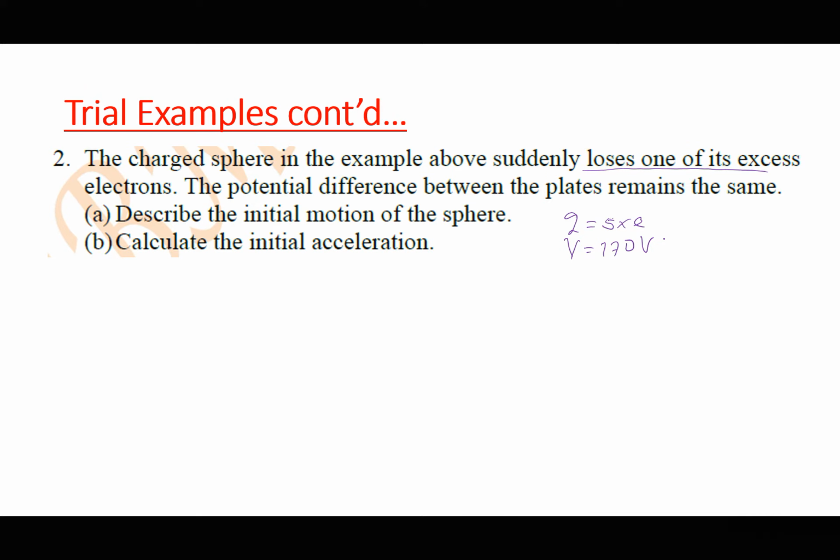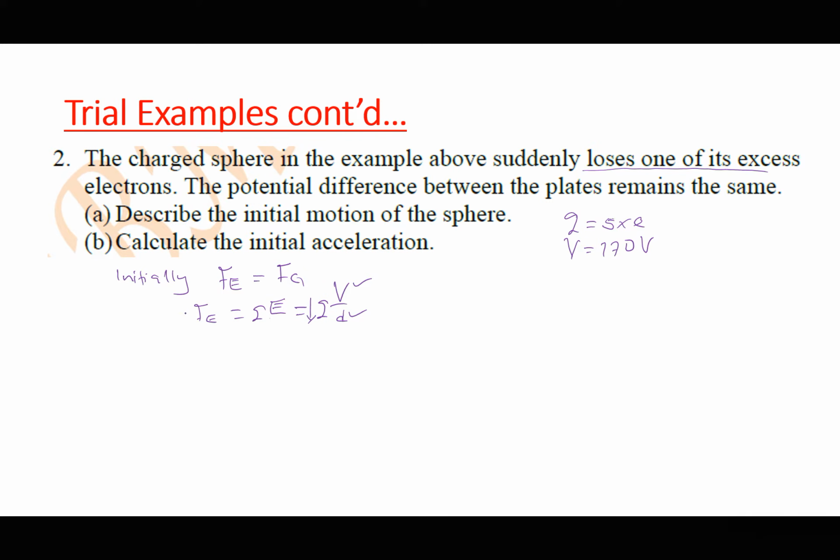I want you to recall that initially we saw that it was remaining at rest. Initially, the force due to the electric field was equal to the force due to the gravitational field, or the weight. But now that it has lost 1 electron, note that Fe depends on the charge times the electric field strength, which depends on Q times V over D. If V has remained the same and D has remained the same, it means E has remained the same, but Q has reduced.